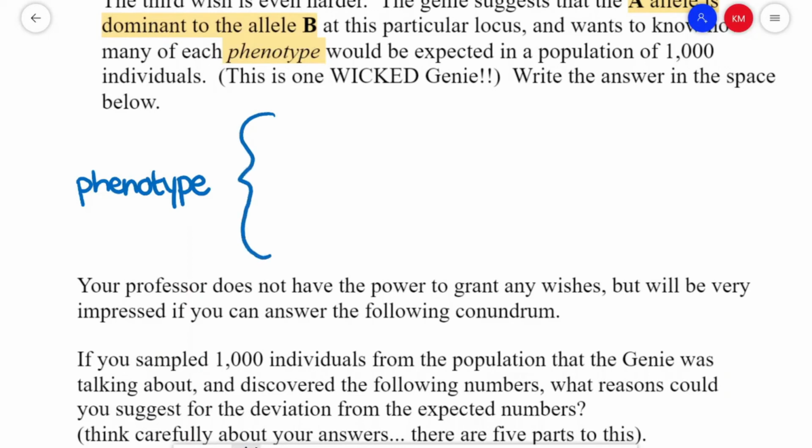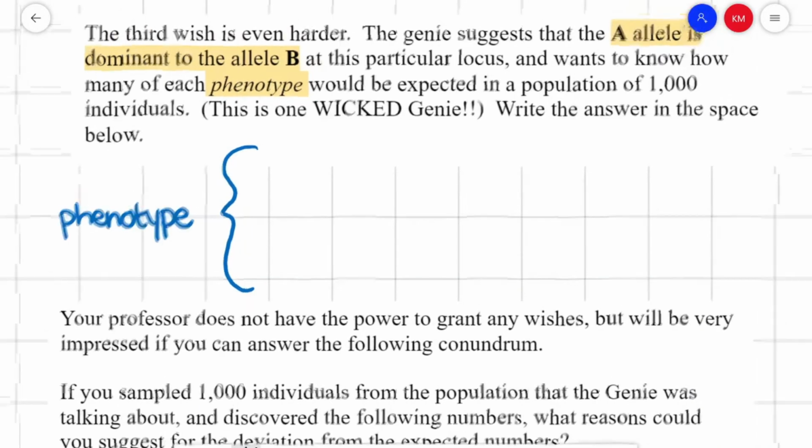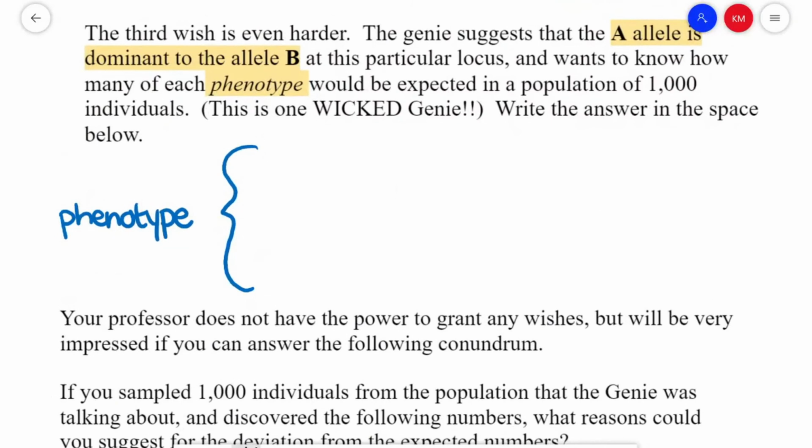So we had three genotypes. We had AA, AB, and BB. But because it says that A is dominant to B, that means that any genotype that has an A, we're going to add those up, because that's going to be one phenotype. So AA plus AB.